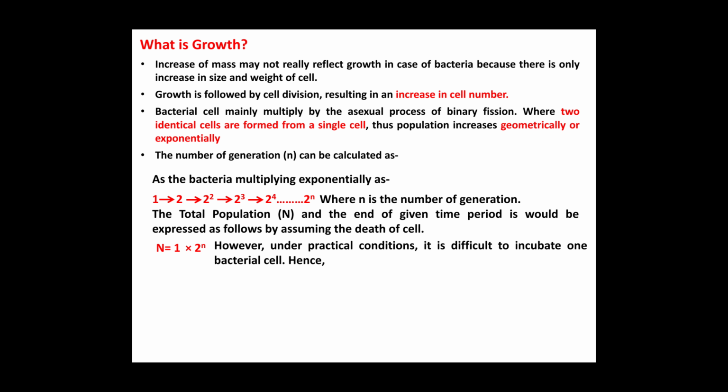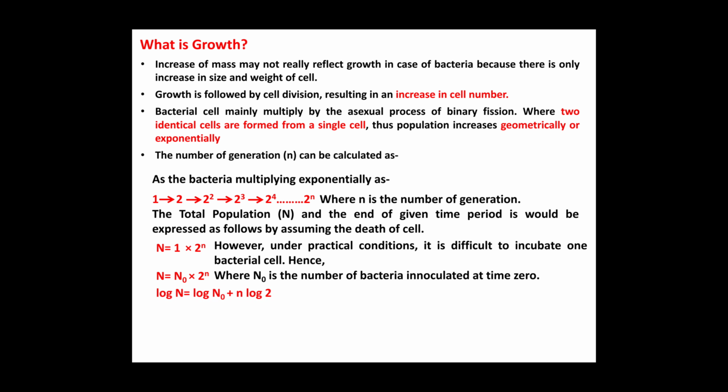But one bacterial cell is difficult or impossible to incubate, so we have to take a larger number of cells. Then the equation becomes N equal to N0 into 2 raised to n, where N0 is the number of bacteria inoculated at time 0.